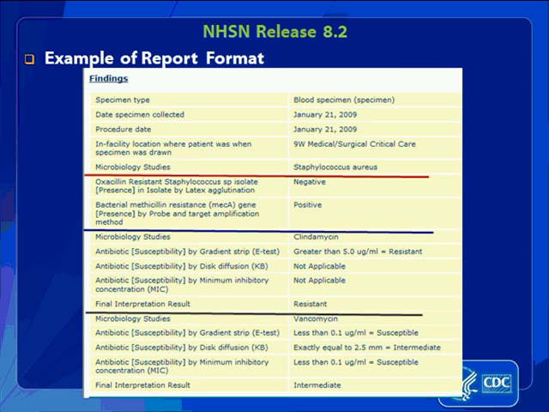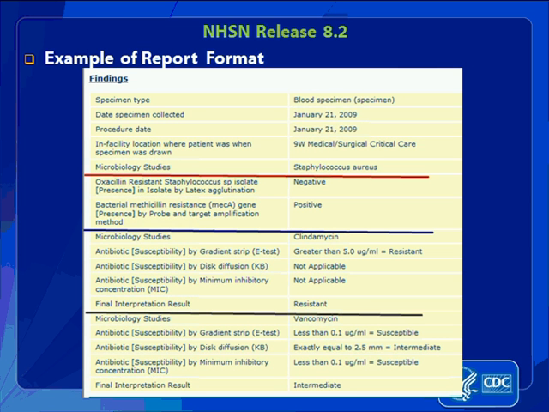This is a rendered narrative section example from your CDA, also showing how it's divided up, just to give you another high-level view. This does not include the header information. So your findings would be your blood specimen, specimen collected date, procedure date, your location, and then your organism, which is Staph aureus, your result for your agglutination and PCR, and then your next group, starting with the blue line.